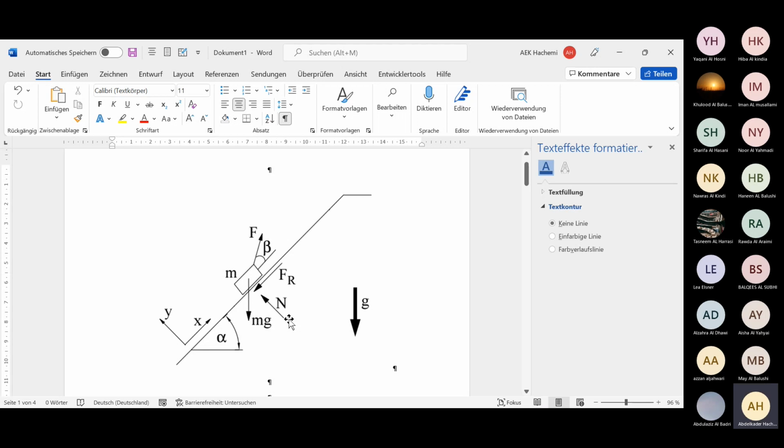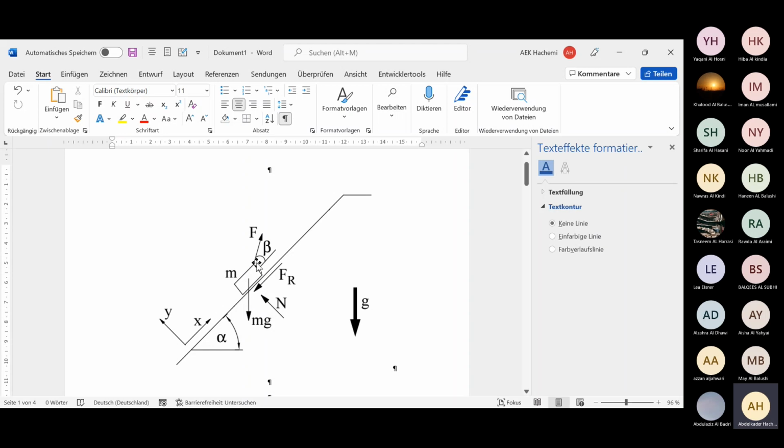But as we are dealing with dynamic motion, that means if there is velocity and so on, there is acceleration. If there is acceleration, the sum of the forces is no longer equal to zero. In this case, either we use Newton's law or we use the D'Alembert principle.